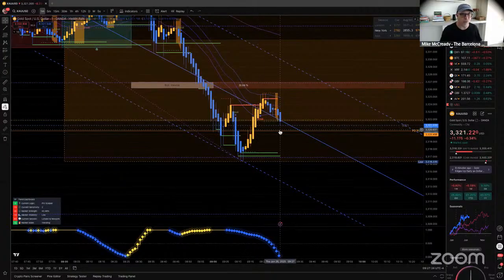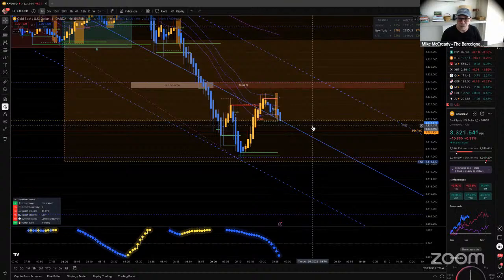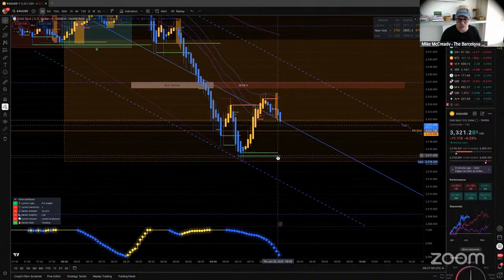So let's watch it here on the 1 minute for a little bit. So it moves through the WS1. Now will it come back down to here, back down to this pivot here, which is the DS1?